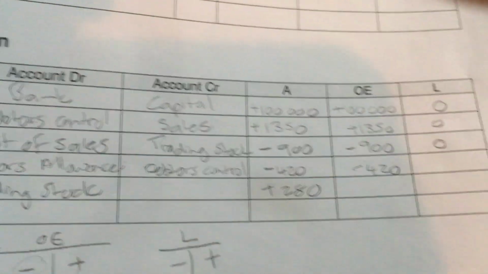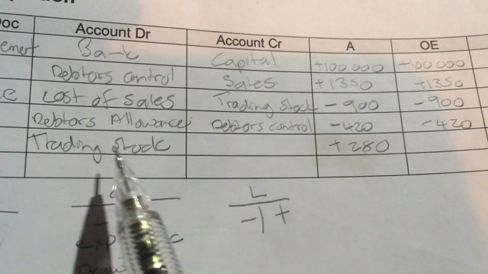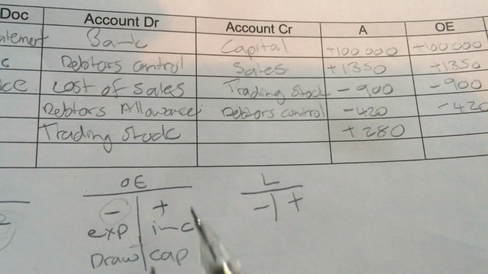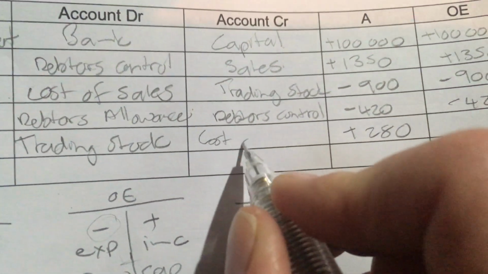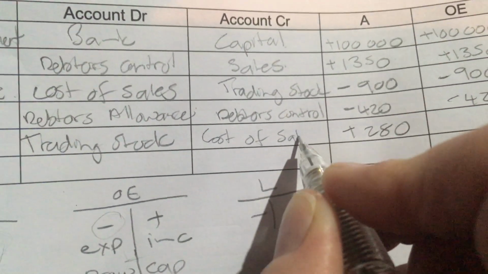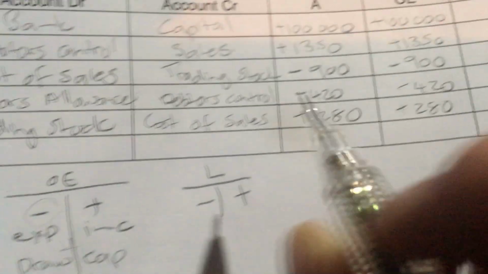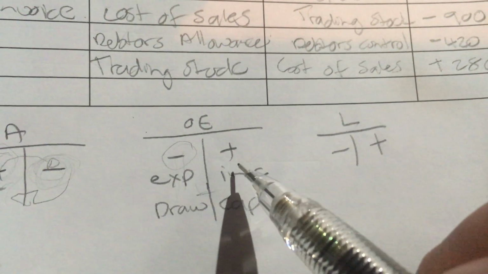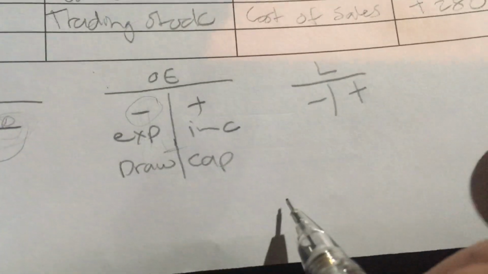Okay, what else has happened? I have to cancel my cost of sales. I recorded cost of sales here, but I need to take it out of my cost of sales. So I'm now going to do the opposite, because I have to take it out of cost of sales. And it's now going to be a plus because I'm reversing it. My cost of sales is an expense. Normally the information's on this side, but I have to take it out, which means it lands up on the positive side of cost of sales.